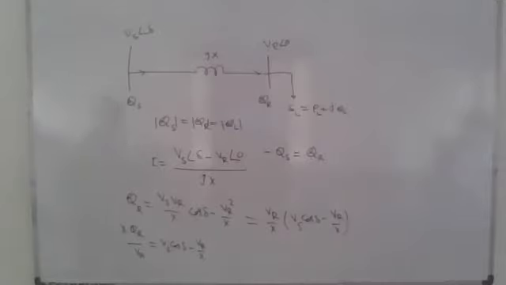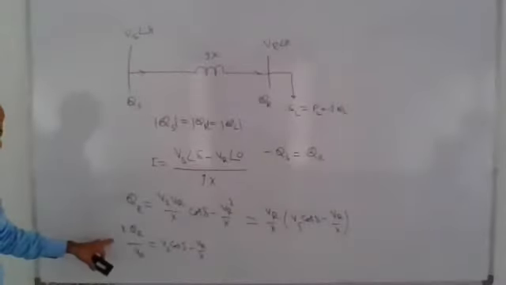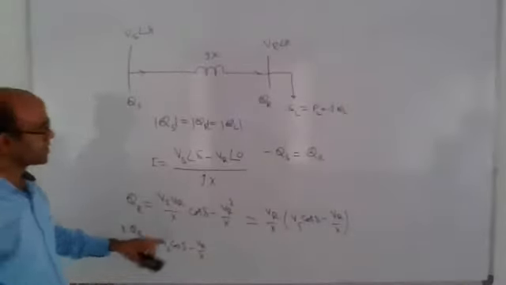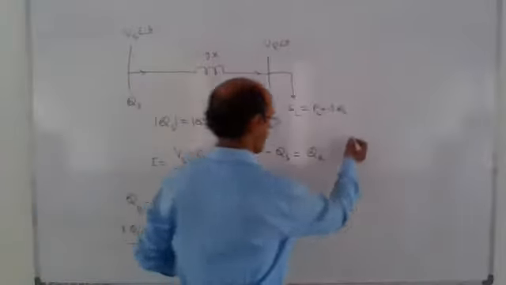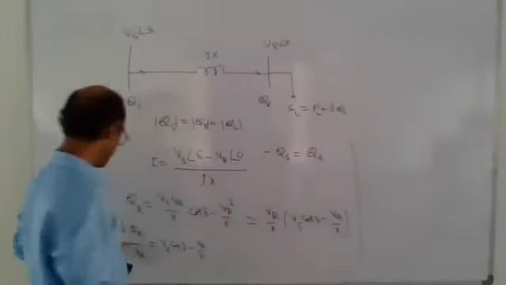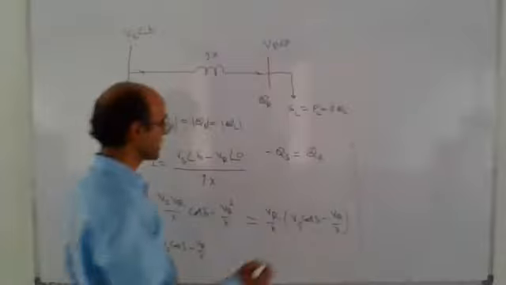So if you simplify it a little bit, then what we are getting? We are getting this. Now you know this relation. Put this relation here. What are we getting?